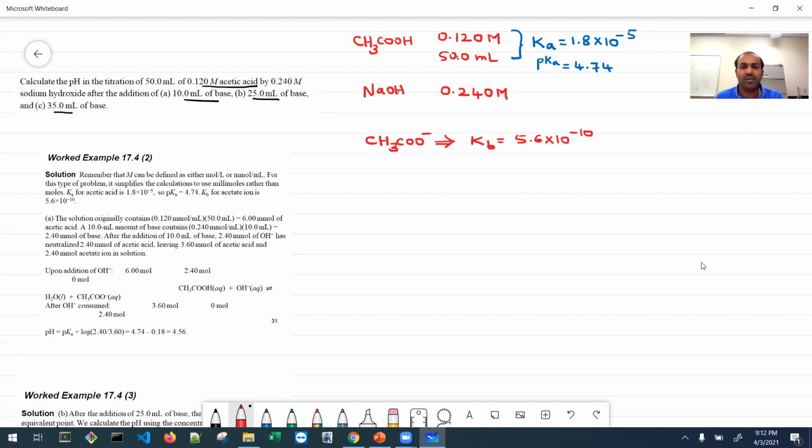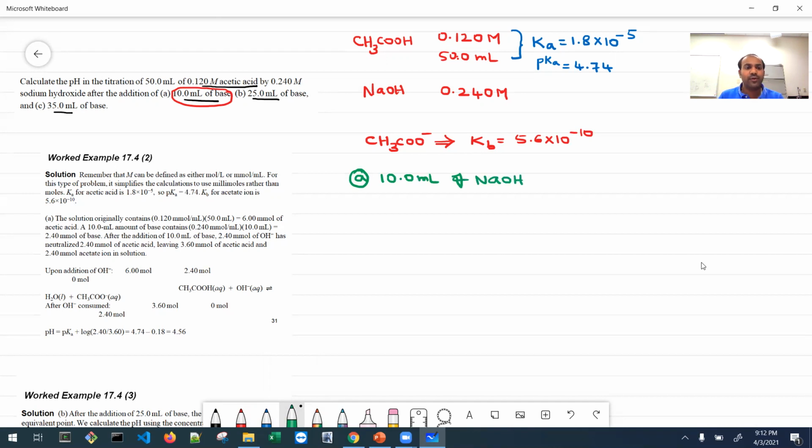And now we need to find out what is the pH of the solution after we add 10 milliliters of base. Let's write down the first condition, the first problem. After adding 10 milliliters of base, which is nothing but sodium hydroxide.